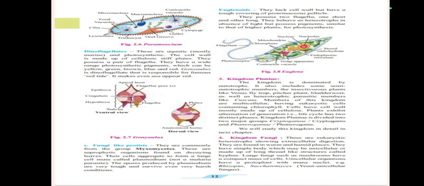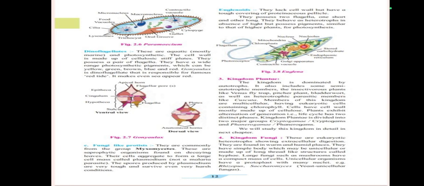Kingdom Plantae. The kingdom is dominated by autotrophs. It also includes some semi-autotrophic members, like the insectivorous plants such as Venus flytrap, pitcher plant, and bladderwort, as well as heterotrophic parasite members like Cuscuta. Members of this kingdom contain chlorophyll. Cells have a cell wall.